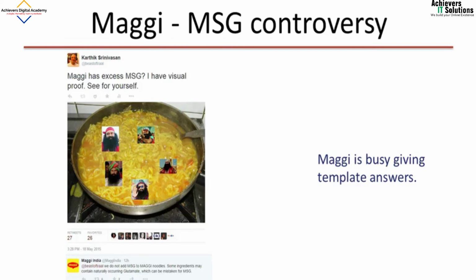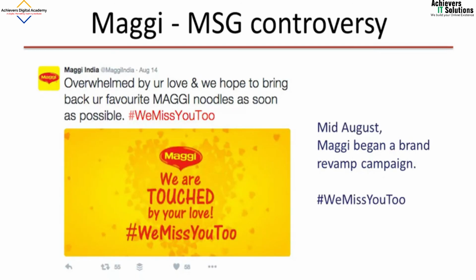Then Maggi came back with a comeback campaign. They realized that they had gone wrong, and they also knew that somewhere people still had a place for Maggi at the bottom of their hearts. It's a long-term association. It's a brand that has been associated with people for ages. So they tugged on that emotional cord. They came back with a complete brand revamp campaign saying we miss you too.